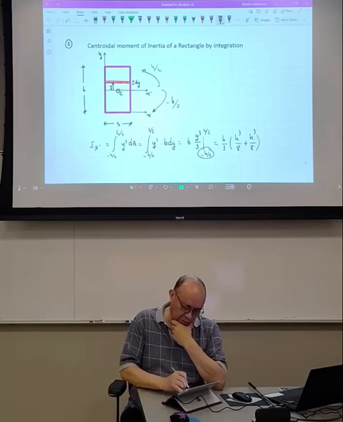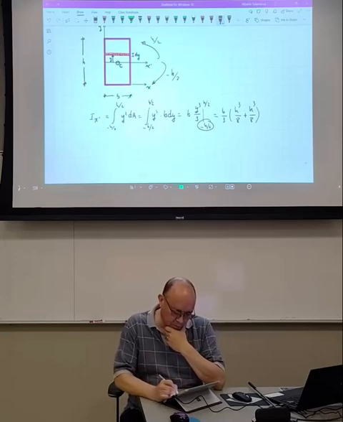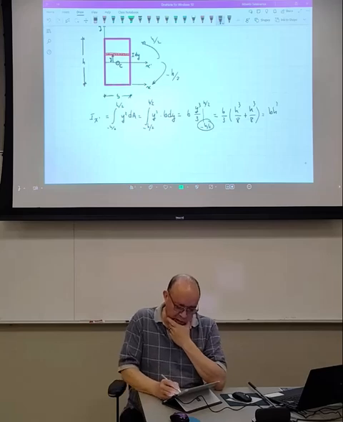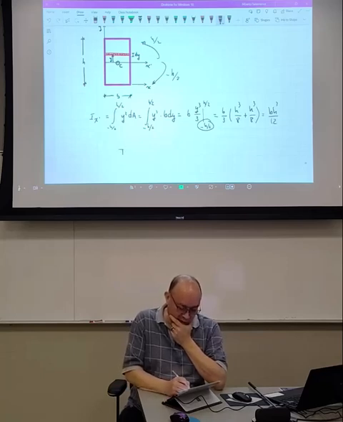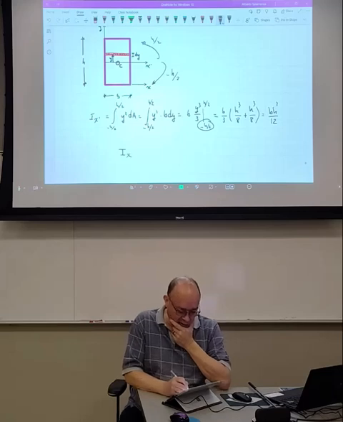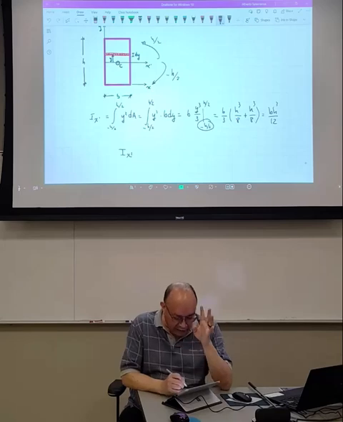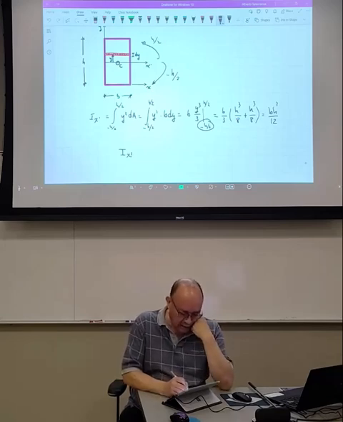So this will be equal to b h cubed, and then I will have 2 8s, so 1/4 times 1/3, 1/12, right? So the centroidal moment of inertia of a rectangle, when that axis is parallel to one of the sides, is equal to 1/12 bh cubed.